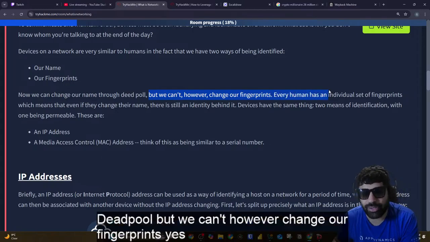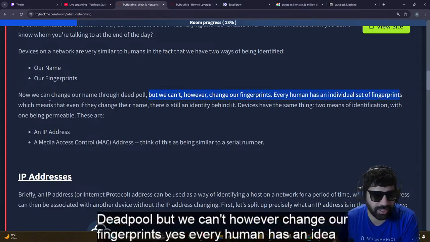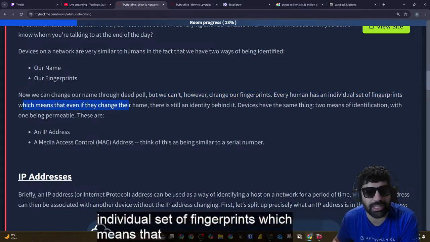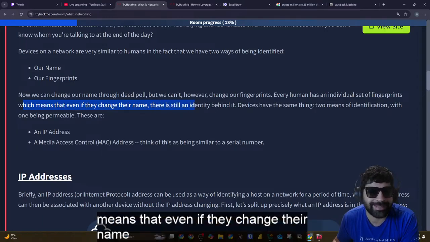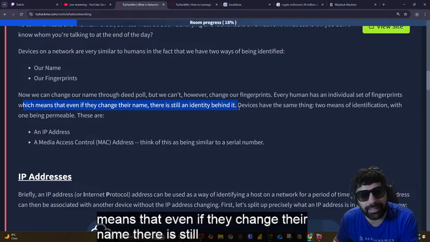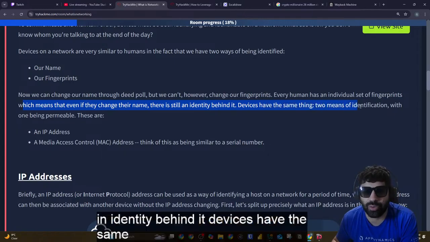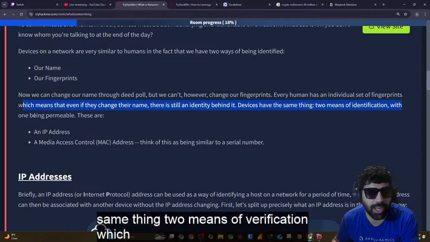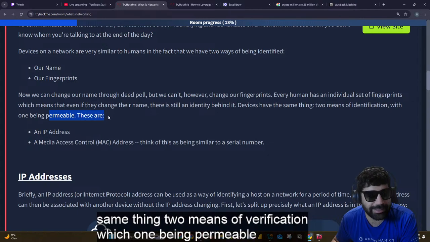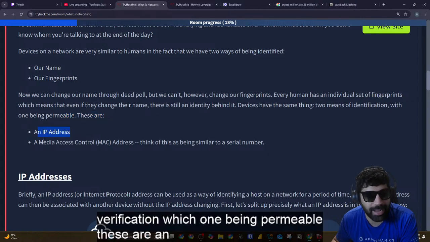Every human has an individual set of fingerprints, which means that even if they change their name, there is still an identity behind it. Devices have the same thing. Two means of verification, one being permanent. These are an IP address or a MAC address.